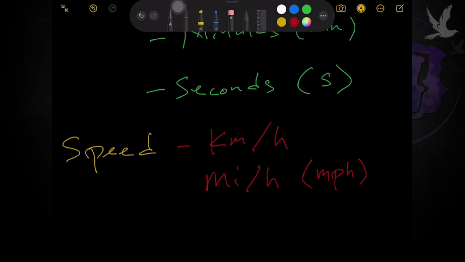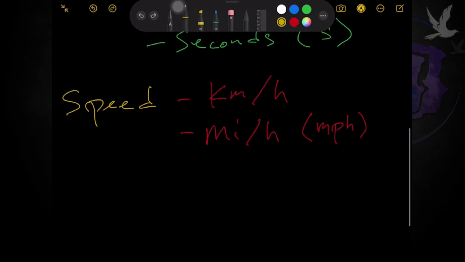Pero hindi natin ginagamit yan dito sa Philippines because here we use the metric system which is kilometers per hour. Okay, meron din ang pinaka-common sa atin is ang meters per second.